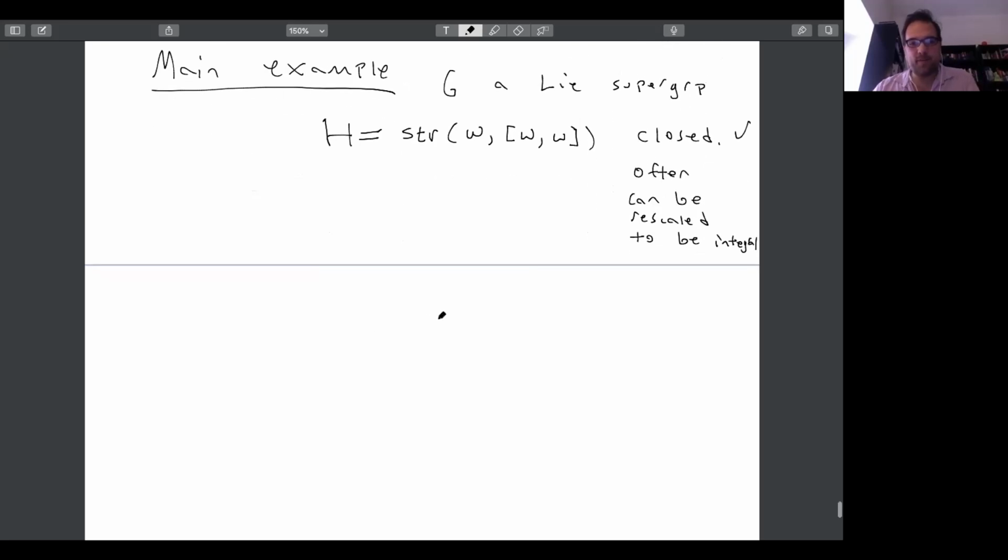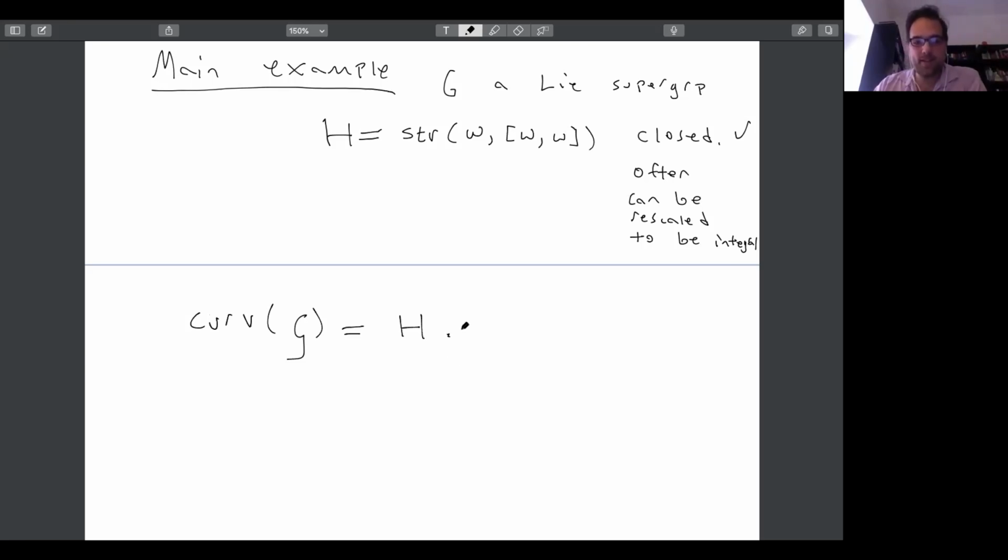So when both of those conditions hold, then I want to talk about the bundle gerbe G such that the curvature of G is H.